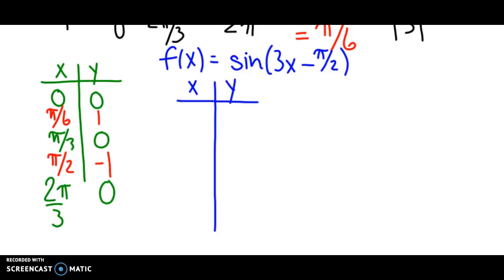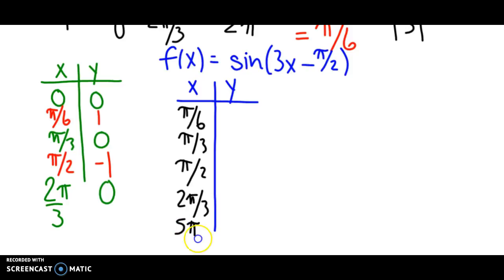So 0 plus pi over 6 is just going to be pi over 6. Then it'll be pi over 3, pi over 2, 2 pi over 3, and then 5 pi over 6. And then my y values, since I already took into consideration my phase shift, are just going to stay the same.